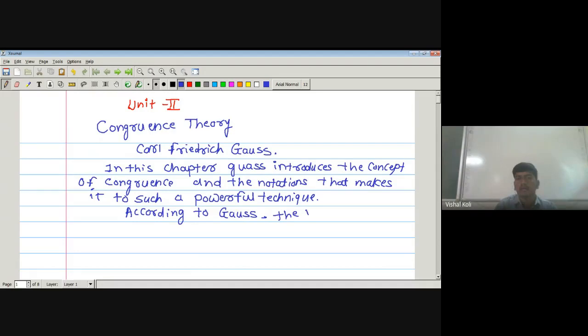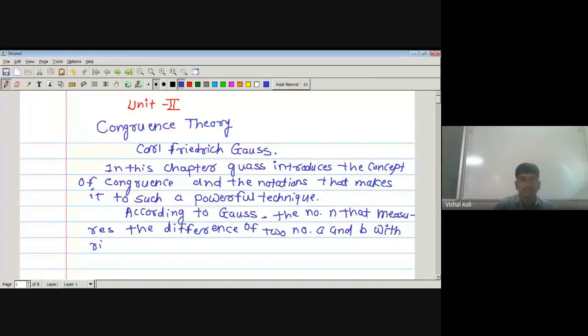The number n that measures the difference of two numbers a and b is nothing but the congruence of a and b.